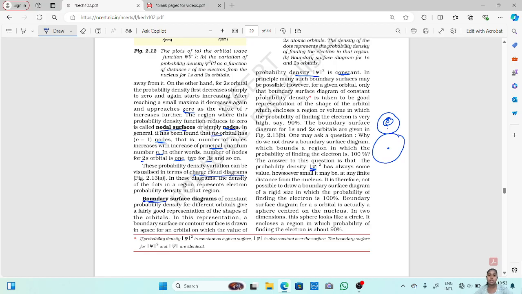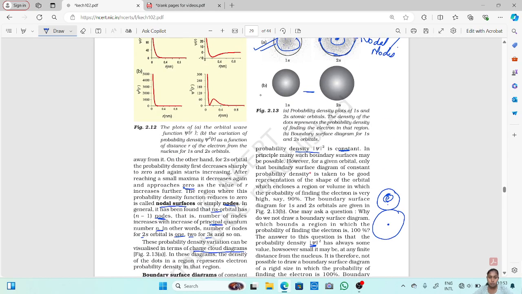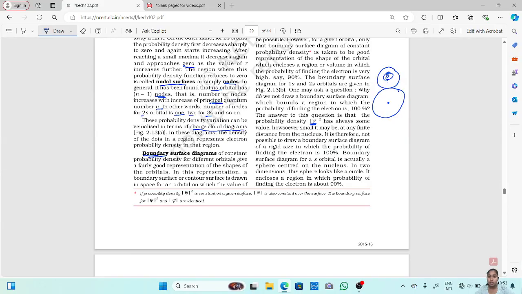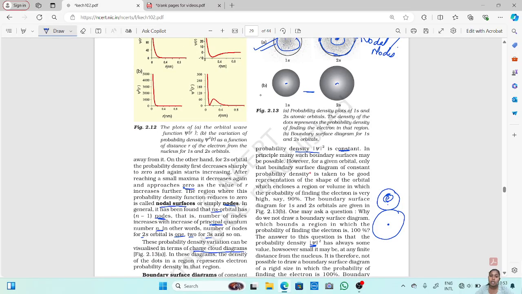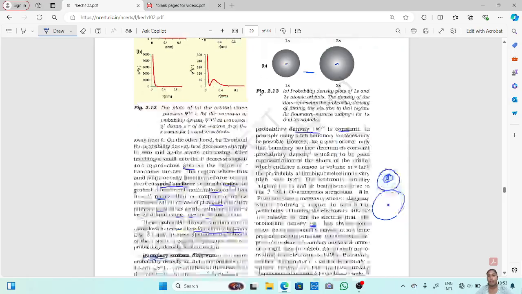In two dimensions, this sphere looks like a circle, but it is actually a ball. It encloses a region in which the probability of finding an electron is about 90%.